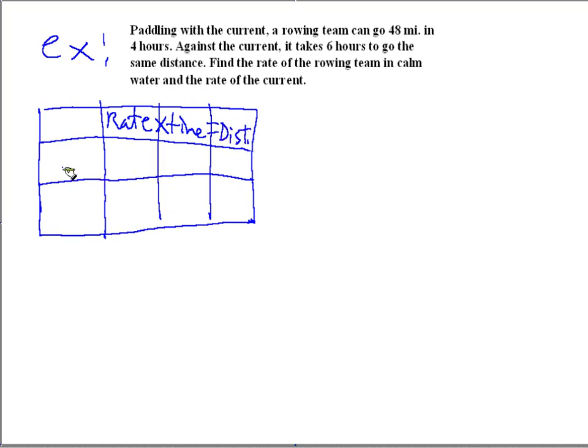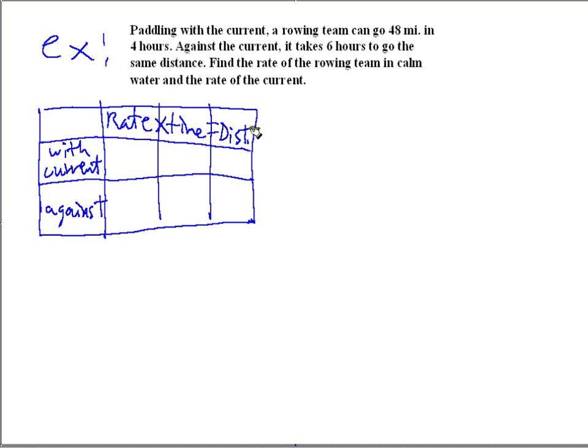What goes in these 2 columns? Well, similar to the rate of wind problem, here we're going with the current, so there are 2 situations: with the current and against the current. So here let me put with current, and against current.